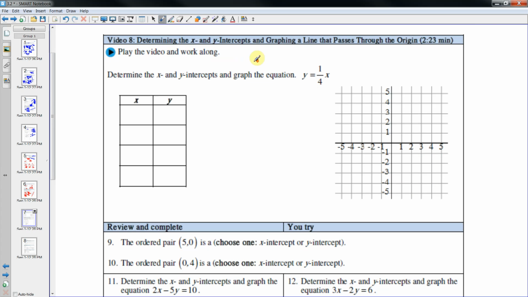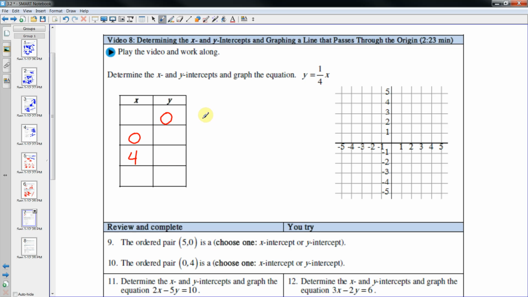Alright, so let's try this one. Find the x and y intercepts and graph the equation. So I'm going to put a 0 in for y to get the x-intercept, a 0 in for x to get the y-intercept, and we'll do a checkpoint of, now this has got a fraction with it, so let's do multiples of 4 so that we can get a nice whole number.